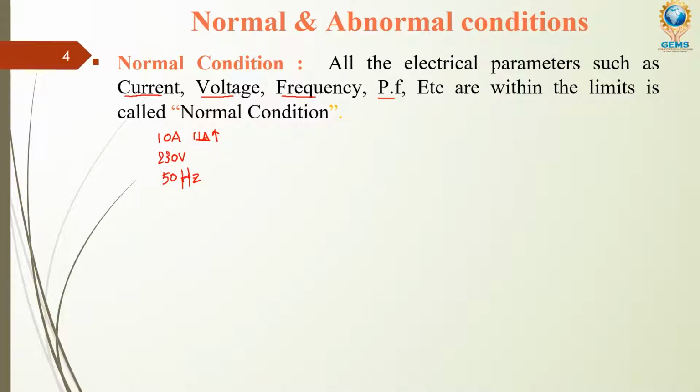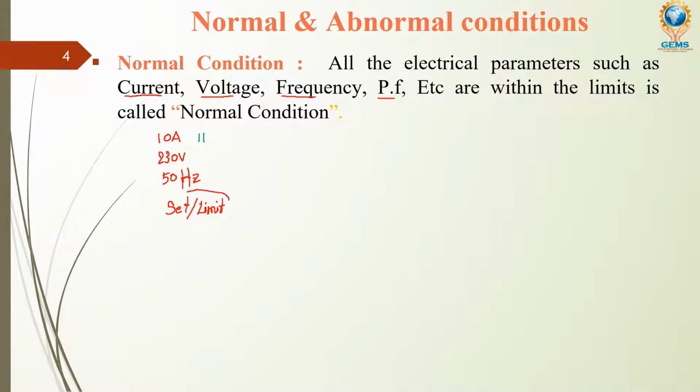Otherwise, if suppose the voltage is varying. Now this is the set value, otherwise you can say limit value.